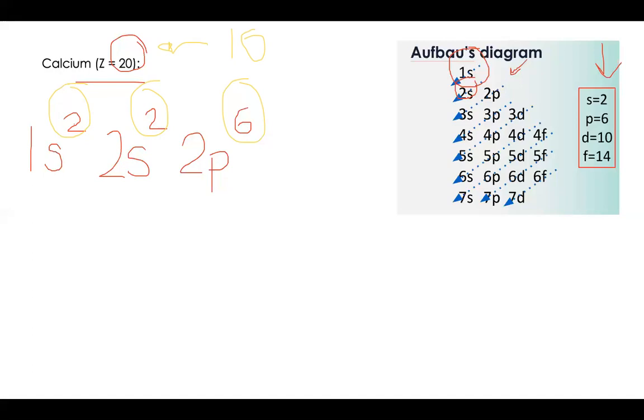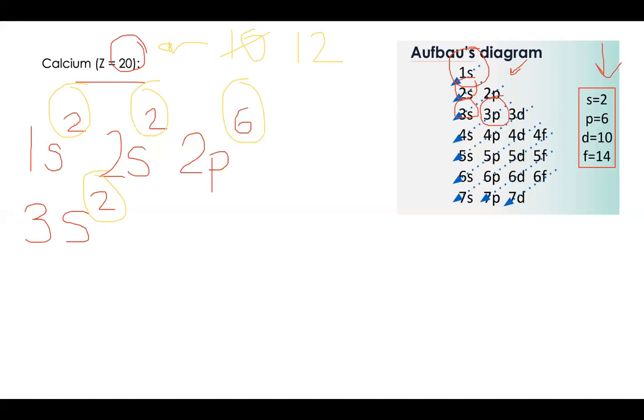After 2p, now we have to move to 3s. So I'm going to write 3s2. Now I have 6 plus 2 plus 2 plus 2 more, so now I have 12 and I need 8 more. After 3s, the next level of energy is going to be 3p.